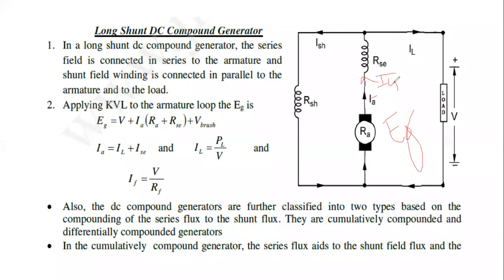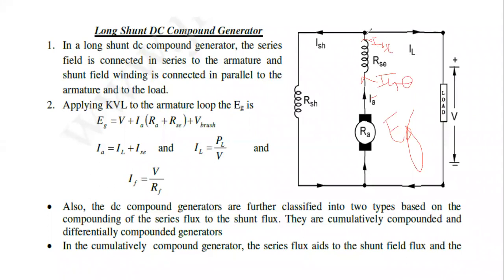The same current is flowing through the series field winding. This is the ISC current, the series field winding current.